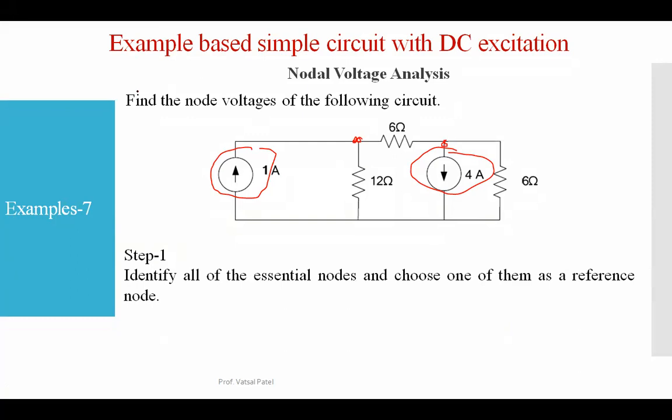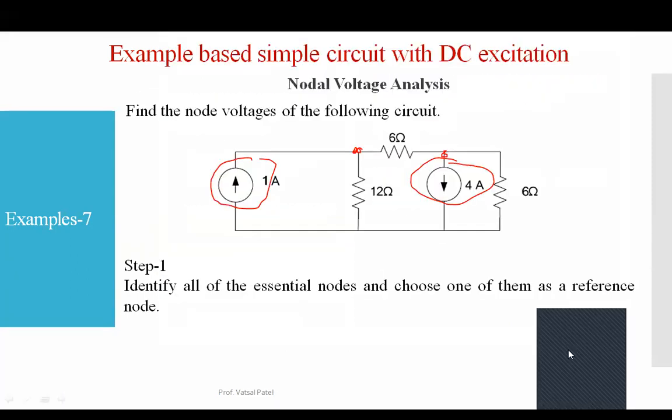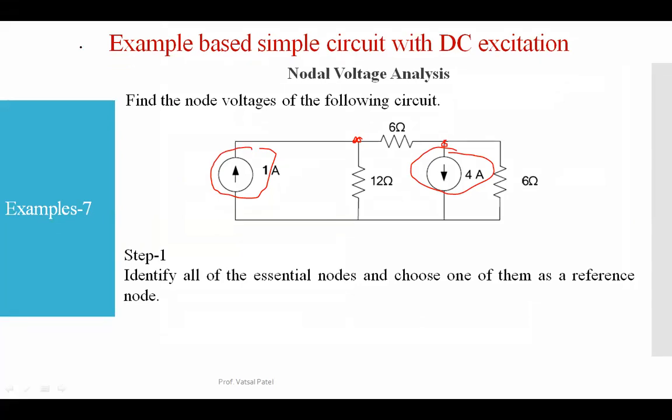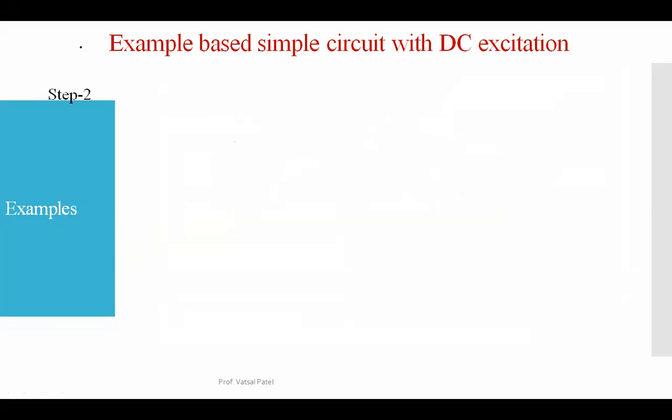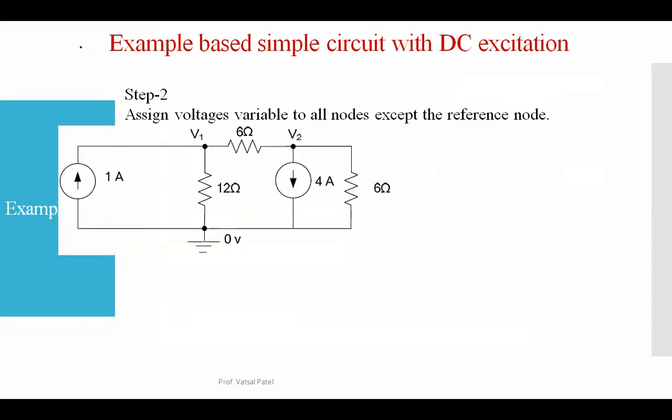That you have to identify all the essential nodes and select any one node as a reference node, right? Step number two, assign the voltage variable to all the nodes except the reference node.